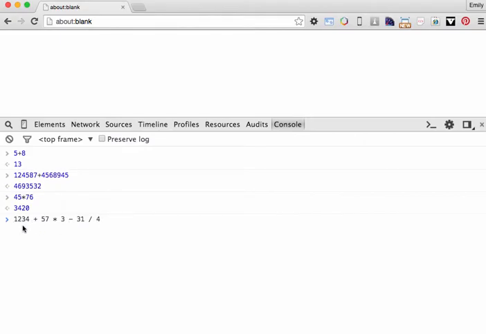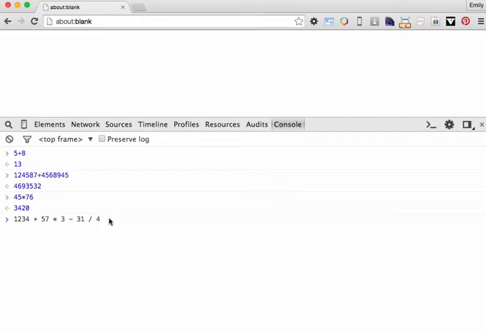So in this particular equation, 57 is going to be multiplied by 3, and then 31 is going to be divided by 4, and then the resulting number from the multiplication is going to be added to 1,234, and then the result of 31 divided by 4 is going to be subtracted.